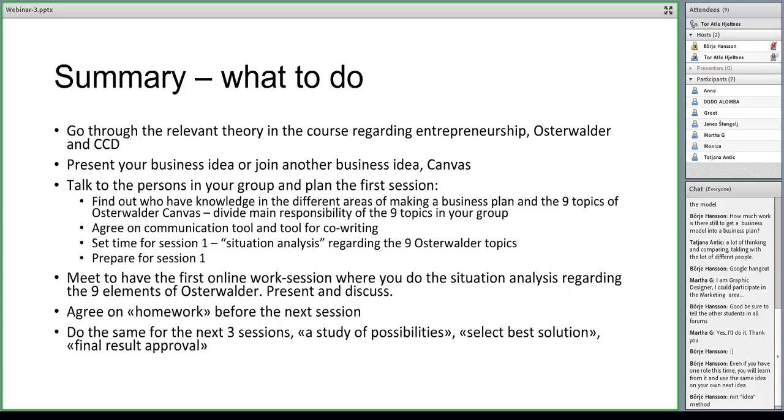So the list I made here, I think it's doable. When you have finished the first session, you do the same for the next 3 sessions, also called study of possibilities, selection of best solution, and final result approval. More information about this you will also find within Canvas.